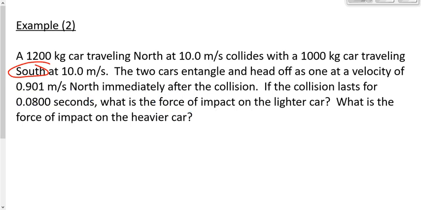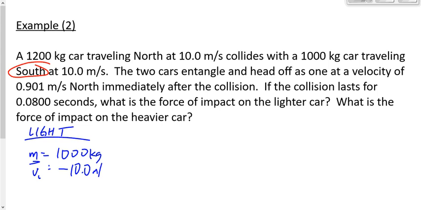We can do that. Okay, if we look at the light car and we write down the data for that, we would say the mass is 1,000 kilograms. We would say the initial velocity is negative 10 meters per second because it's to the south, right? We would say the final velocity after it collides and entangles is 0.901 meters per second. And we would say the time of impact is 0.080 seconds.